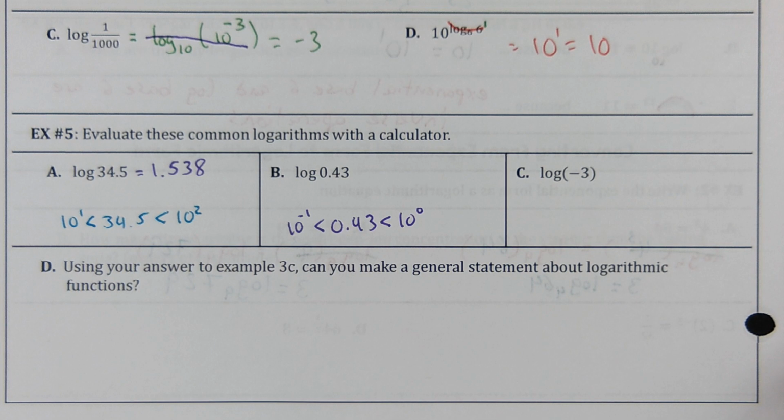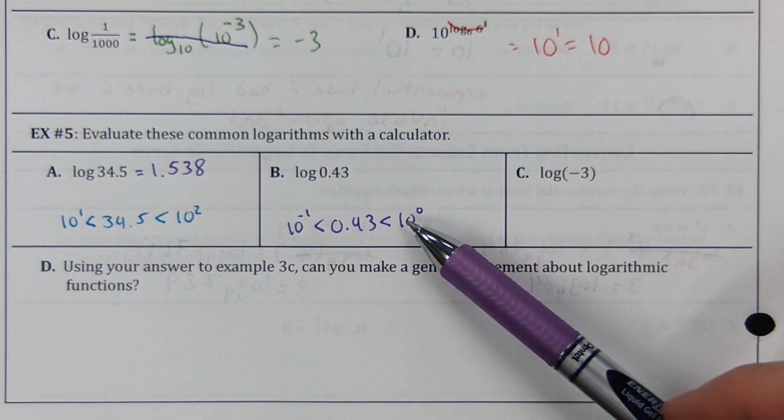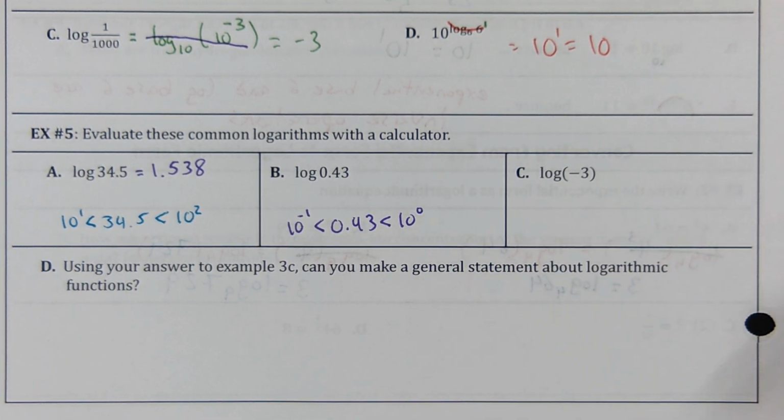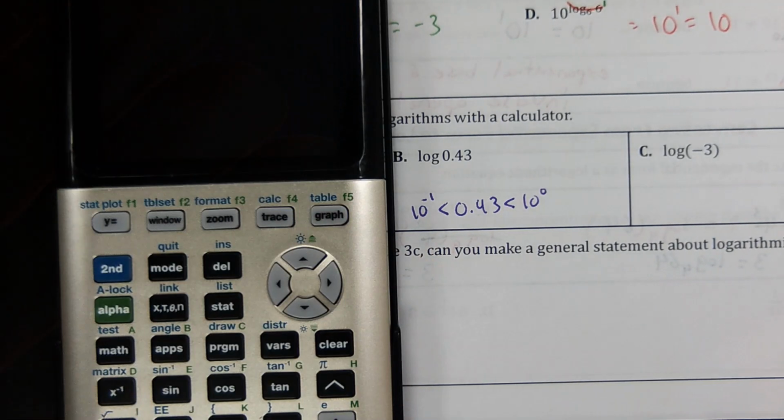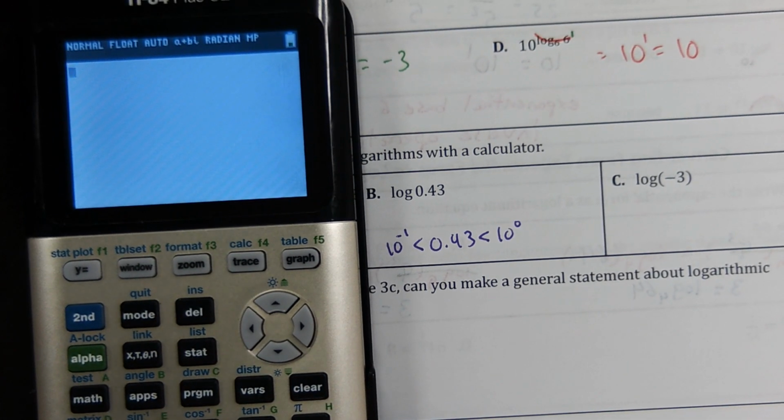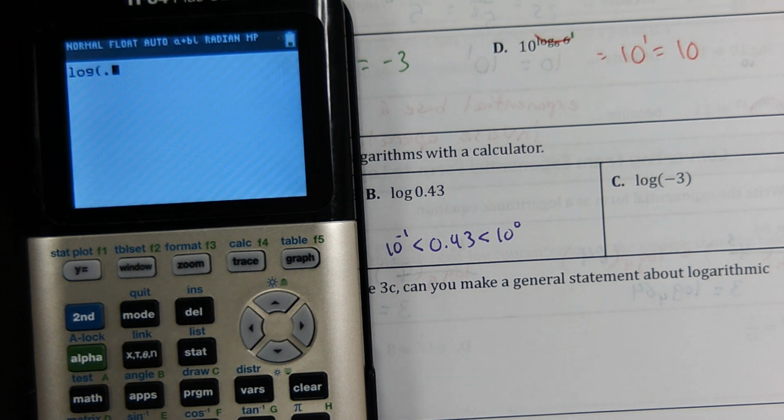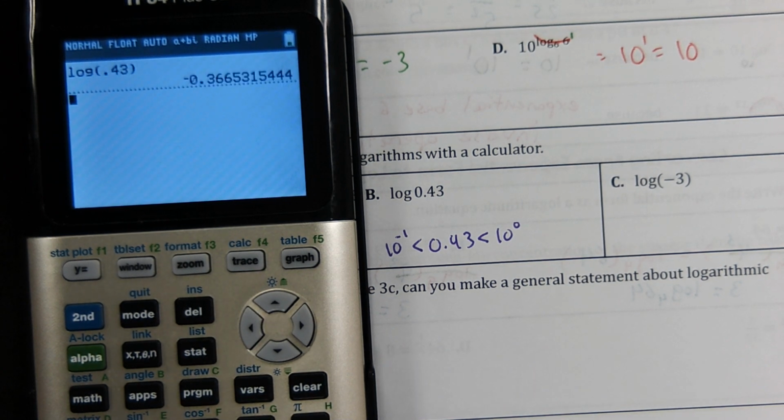So for the common log, if your argument dips below 1, you're guaranteed to get a negative result. Because 10 to the 0 is 1. Let's see what we get. Log of 0.43 is negative 3.67.